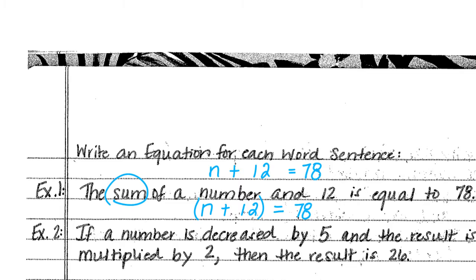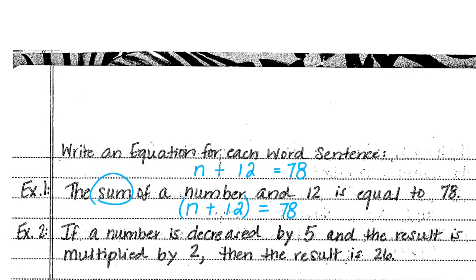If a number is decreased by 5, and the result is multiplied by 2, then the result is 26. All right, I will agree that this one's a little bit wordy. How do I show a number is decreased by 5? I will show a number decreased by 5 as n minus 5.